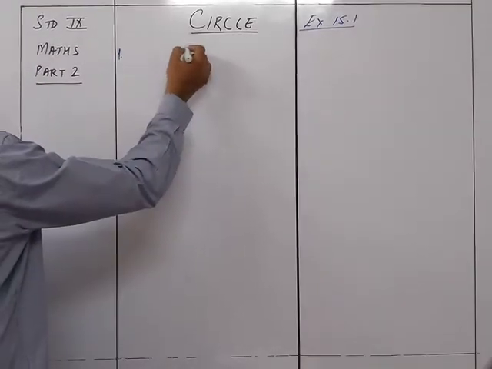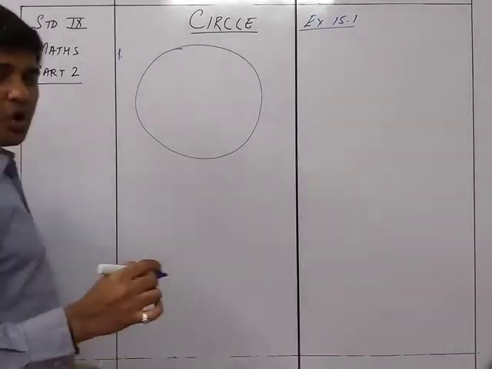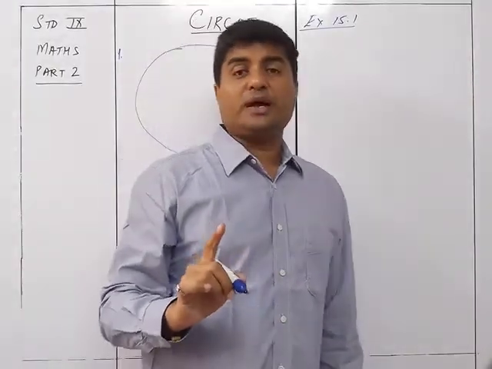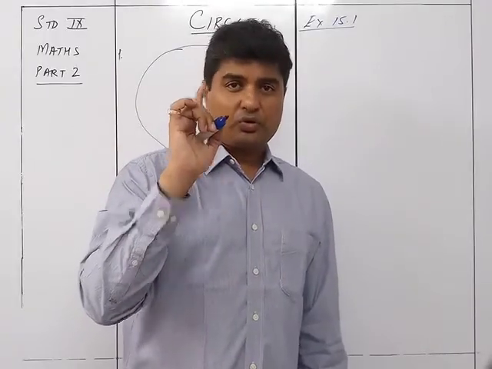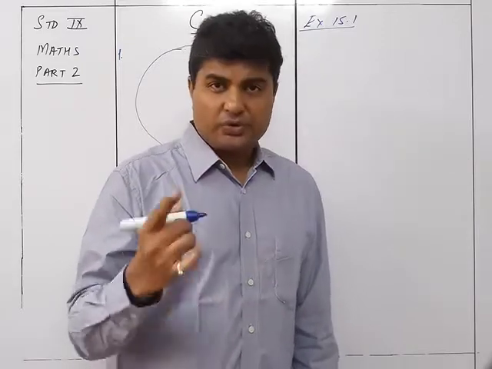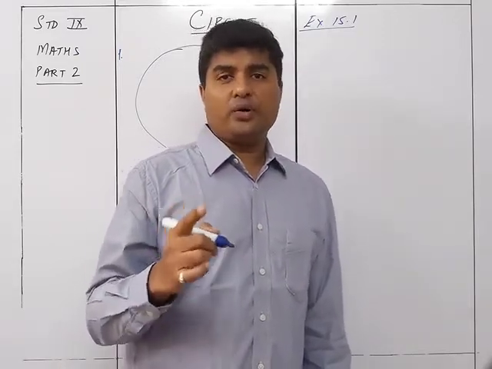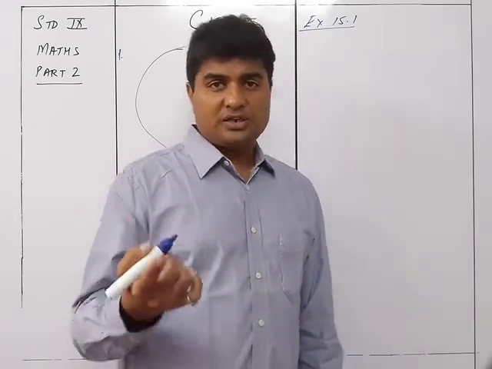See, it is always important for you to draw the figure for any question in circles, so that mentally you are sure what you need to find out, and it is also compulsory to draw the figure. So draw each and every figure whenever you are solving any circles question.